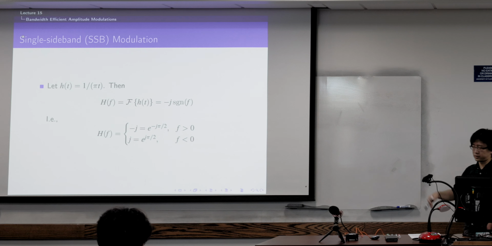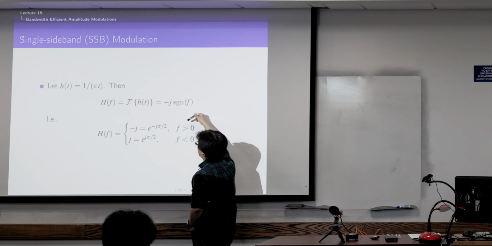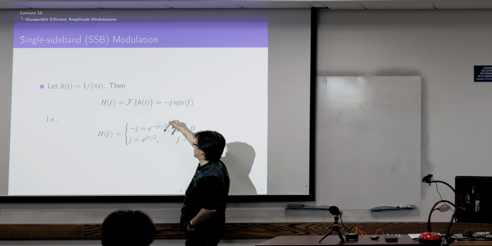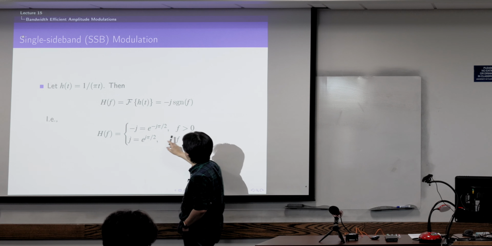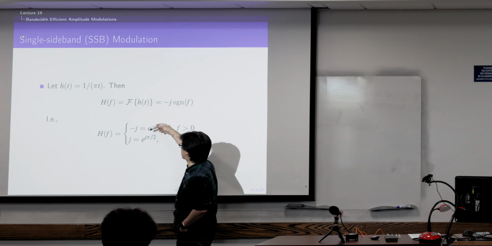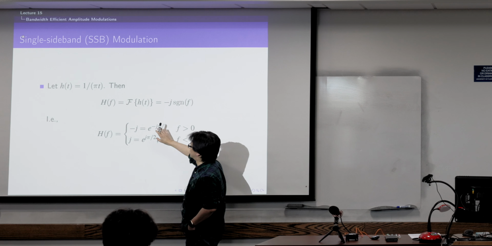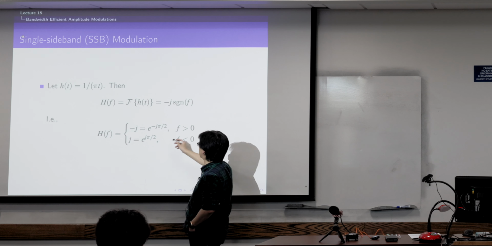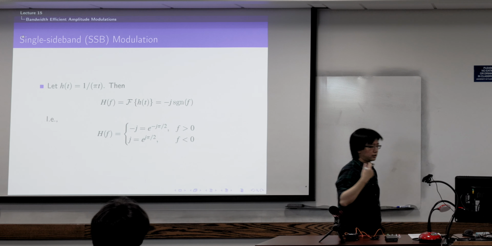Here are some properties of the Hilbert transform. When we use it, we need to multiply by j in front of it. When f is bigger than 0, that's equal to minus j. When f is less than 0, it equals j, and because it's j, we can write that as a phase. Basically, when f is bigger than 0, we shift the signal by phase minus pi over 2, and if f is less than 0, we shift the phase by positive pi over 2.